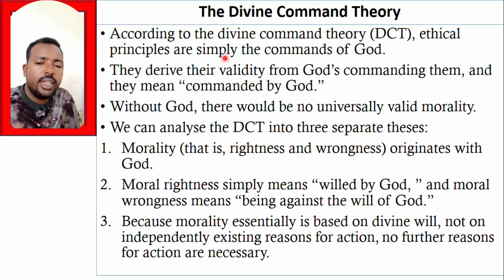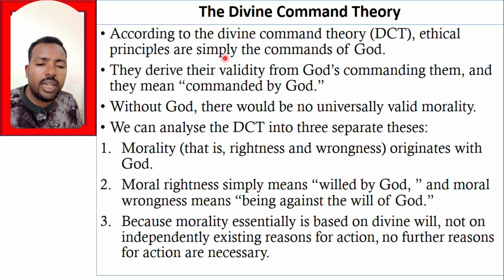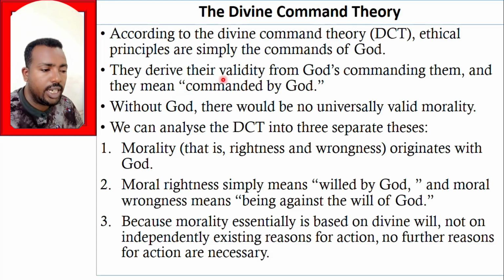They say ethical principles are given by God. Most of the time, they ascribe this kind of argument to the Ten Commandments, which were given to the Israelite people when they were just getting out of the land of Egypt to the land of Canaan. They derive their validity from God's commanding them.